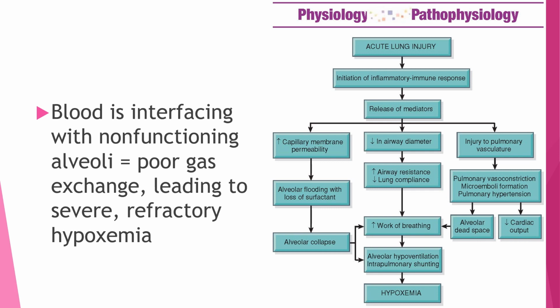So severe refractory hypoxemia, even though we're giving them oxygen, the gas exchange is not occurring, allowing that oxygen to move across into the blood. And over here it has a really great rundown of how this all occurs. So take a look at it.